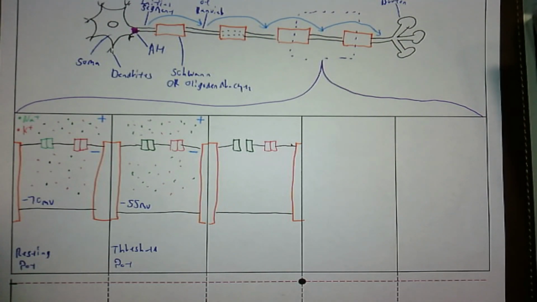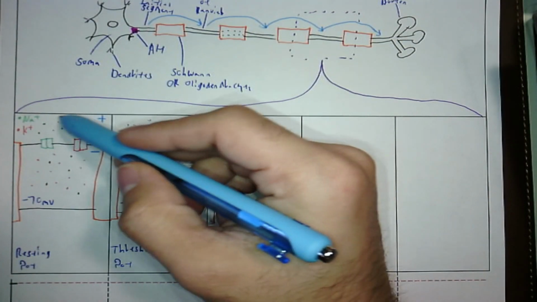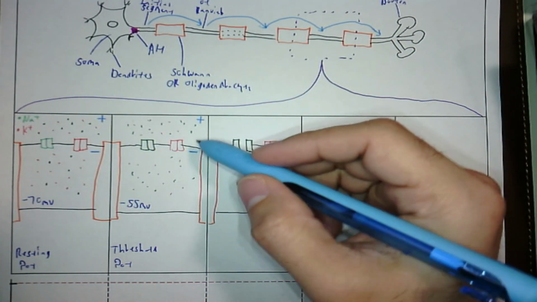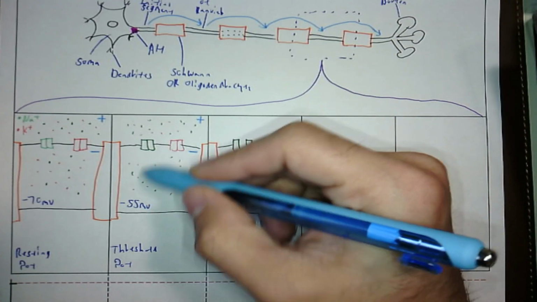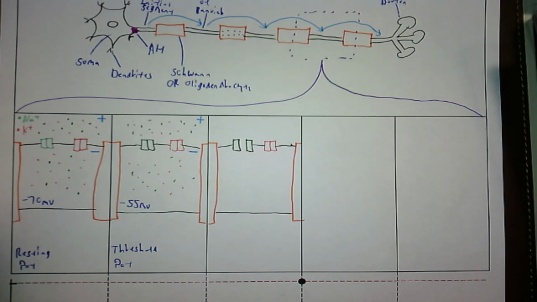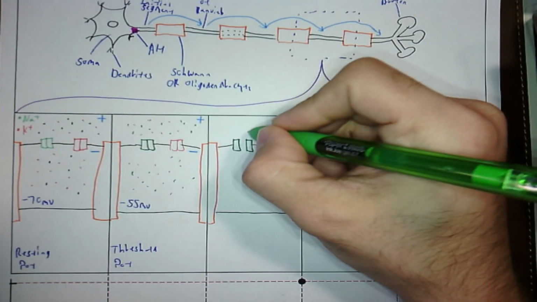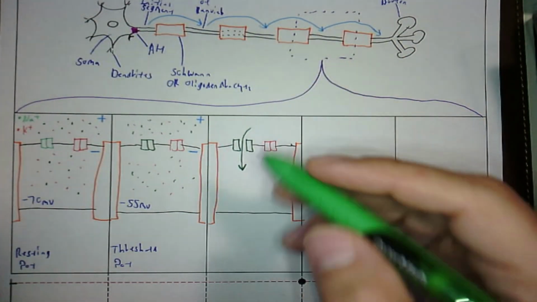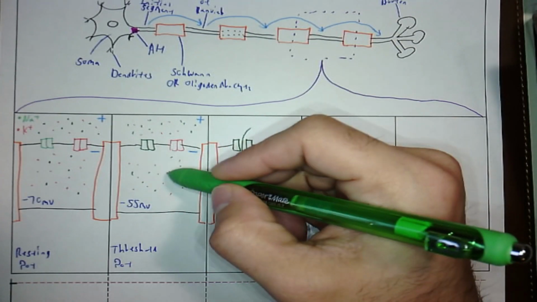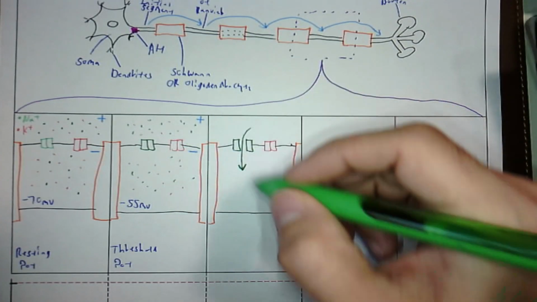And I want you to think of this like magnets. If we have positive ions on the outside of our cell, those positive ions are going to be drawn to a negative space. Just like a magnet, a positive pole will be drawn to a negative pole. And so not only will sodium be drawn to the inside of the cell because of its concentration gradient, we had more outside than inside, and where there's more of something, it wants to balance out.